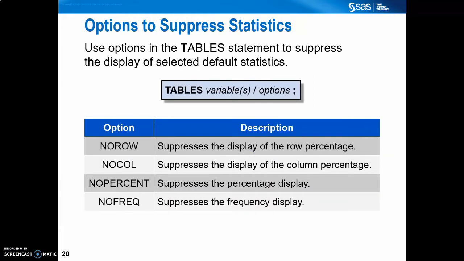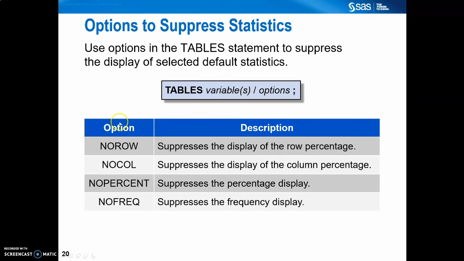Okay, in order to suppress or remove some statistics or information in the cross-tabulation table, we can use options in the TABLES statement.